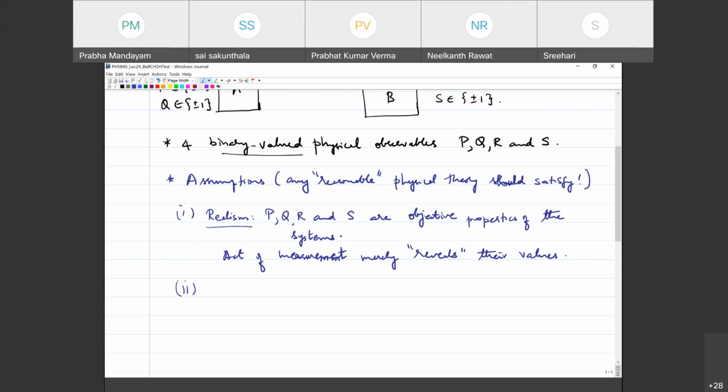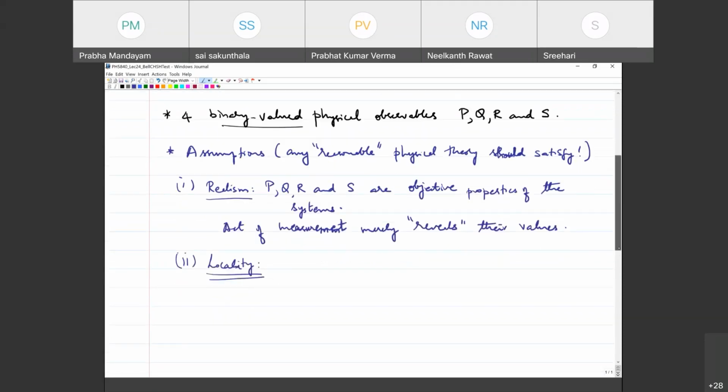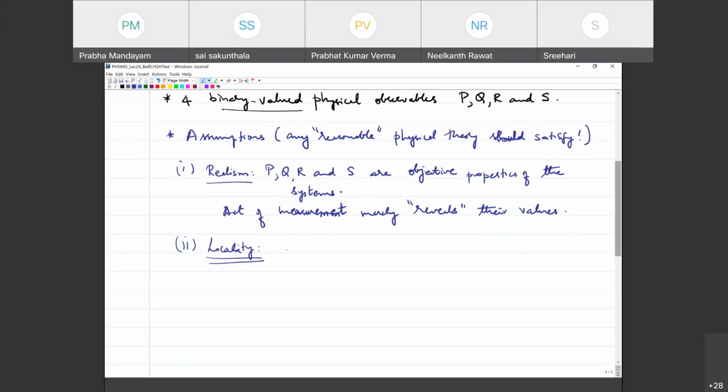The second property is what is called locality, right? We assume that physical theories are local. In fact, we assume they are local realistic in general, right? And we will see, of course, that this is going to be violated in what we discuss. So the idea is that A and B are causally disconnected.